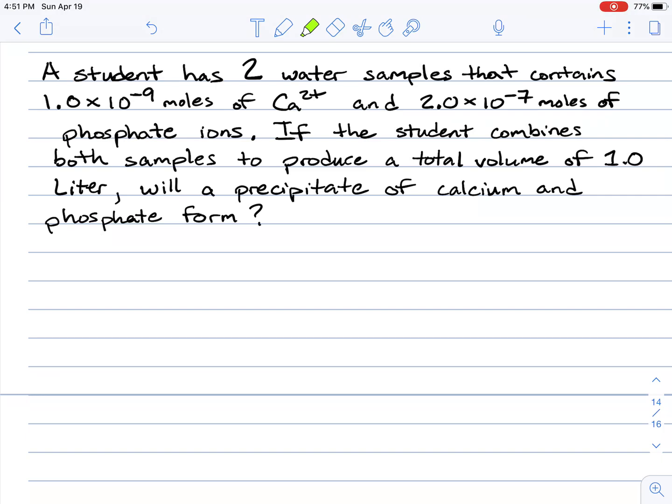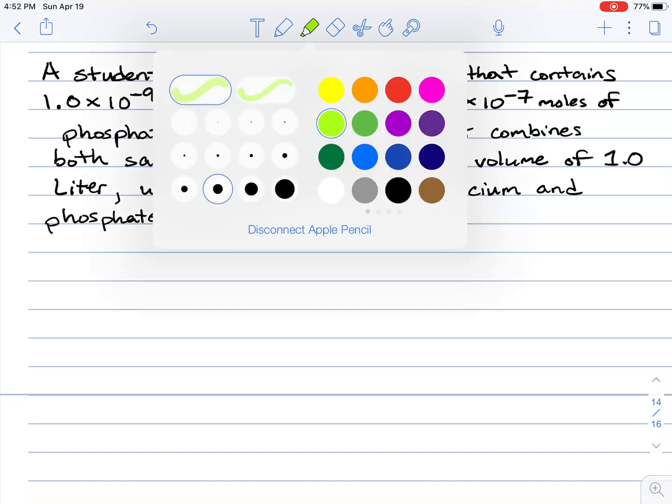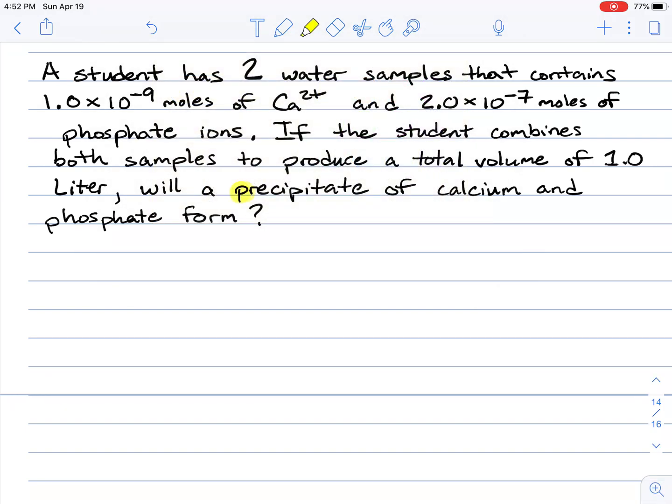And so the first thing that we need to do is look up the Ksp value for the precipitate of calcium and phosphate. Actually, the first thing that we need to write is what the chemical formula looks like for calcium and phosphate.